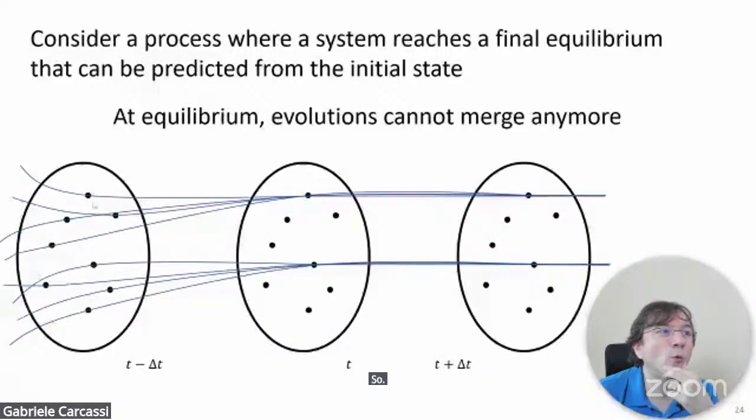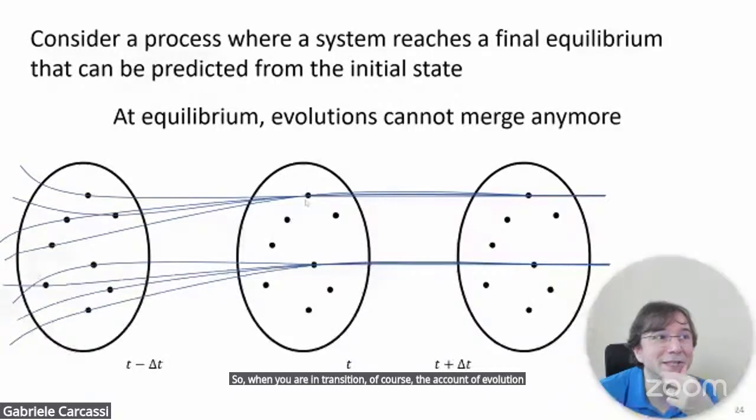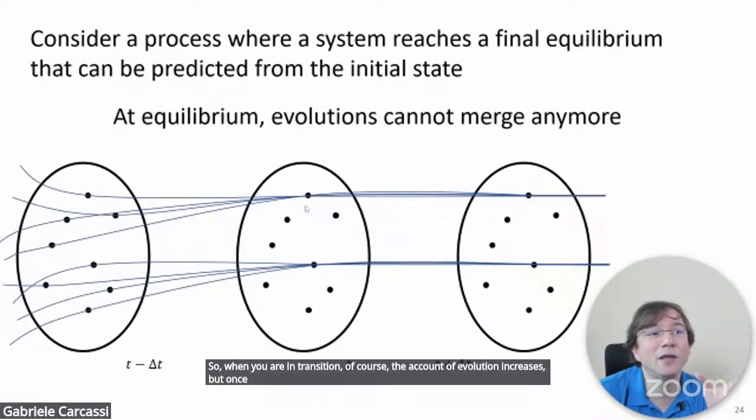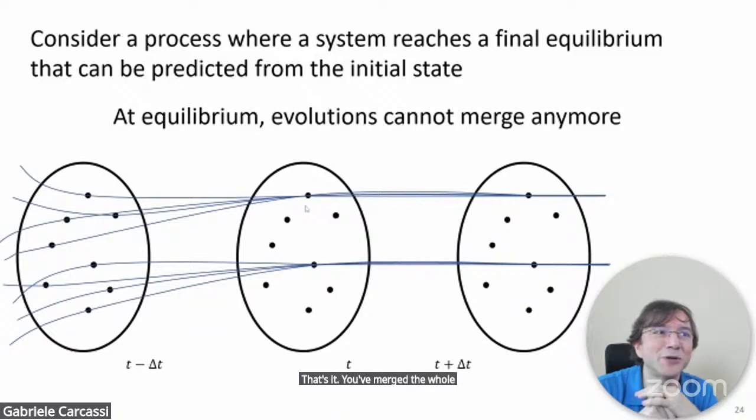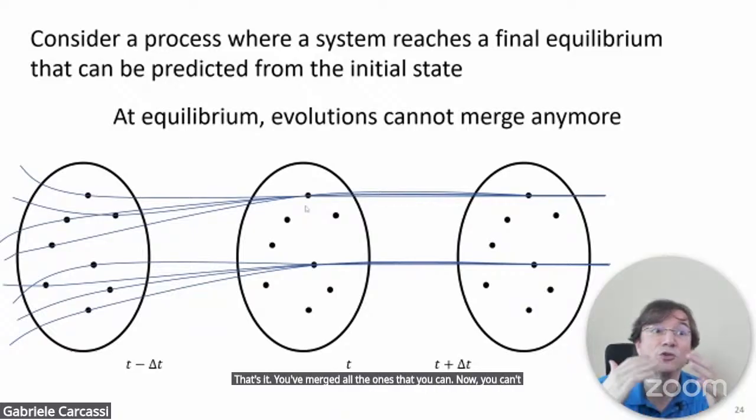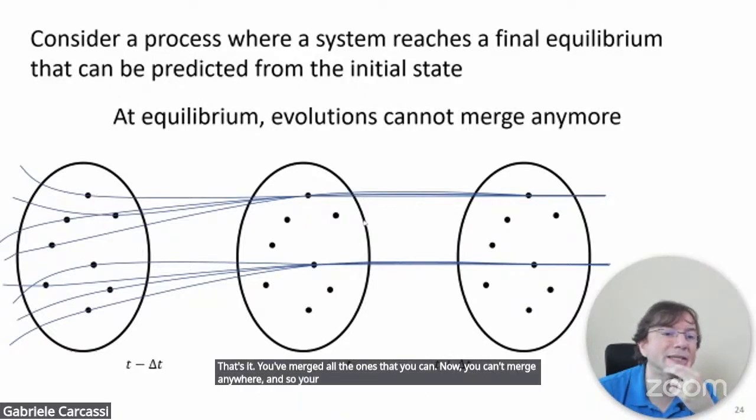So when you are in transition, of course, the count of evolutions increases, but once you are at equilibrium, that's it. You've merged all the ones that you can. You can't merge anymore, and so your count of evolutions is maximal.